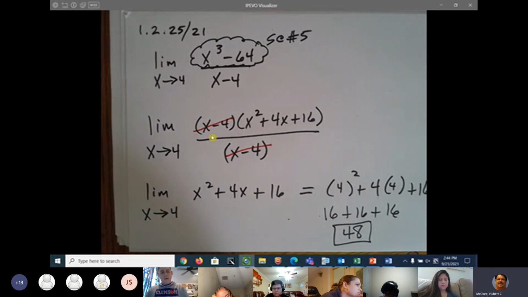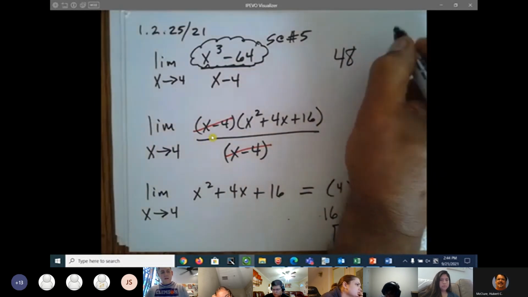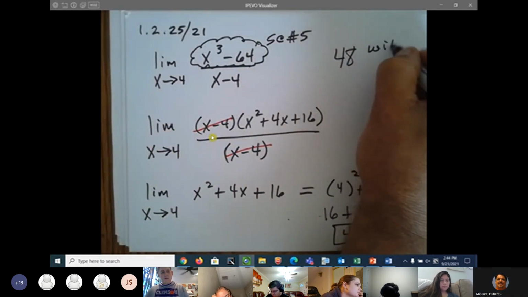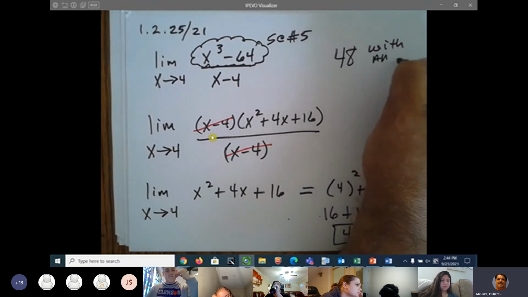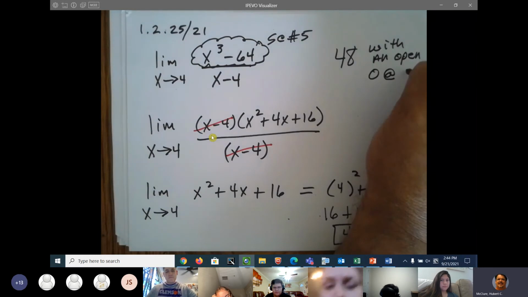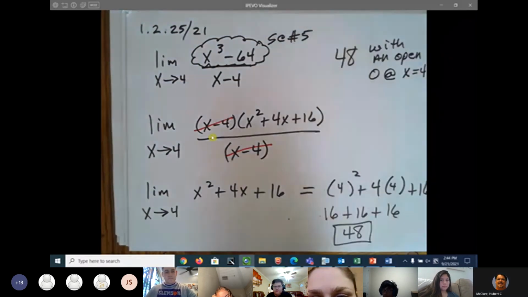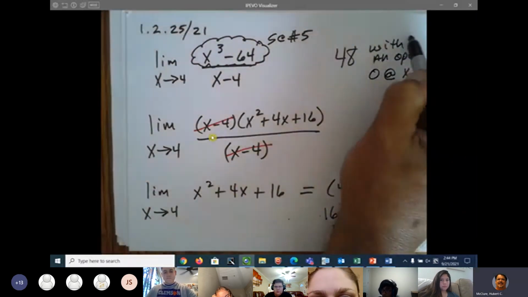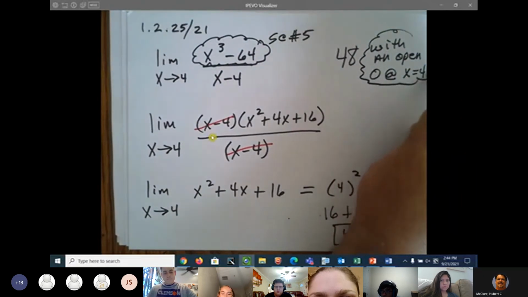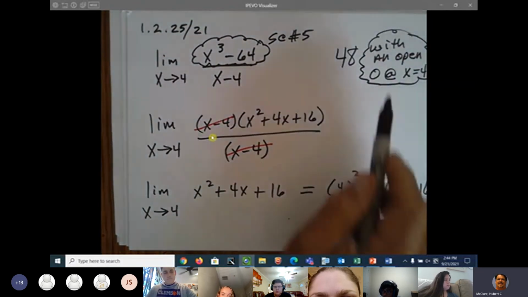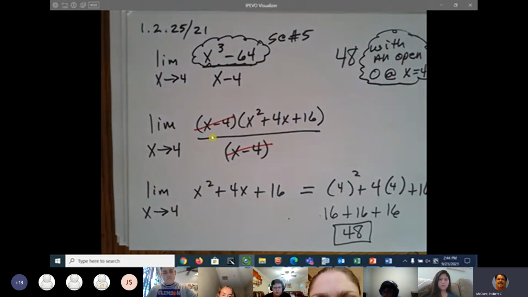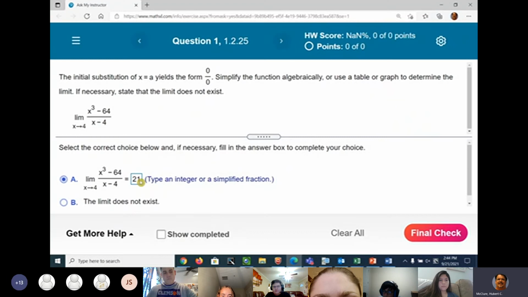So your answer is 48 with an open circle at 4. X is equal to 4. And this is on the graph. If you were to graph it, there'd be an open circle at x is equal to 4. The answer is 48. 2 good test questions.